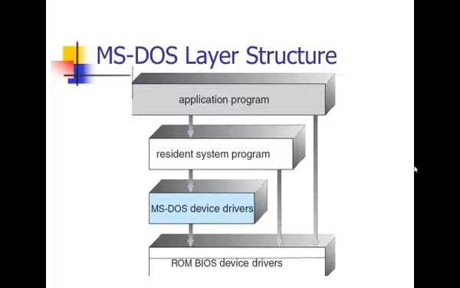So this is the layout of MS-DOS. Application programs will access the resident system, and then MS-DOS has its own device drivers to access the hardware, but some of the application programs can access hardware directly.